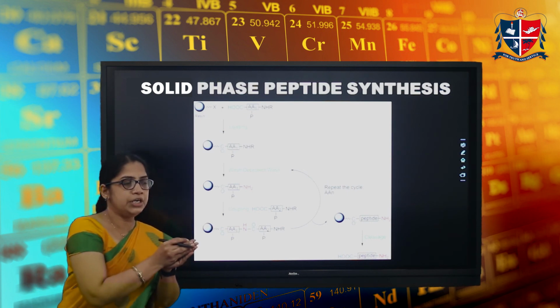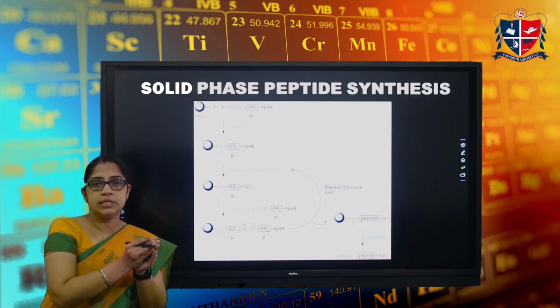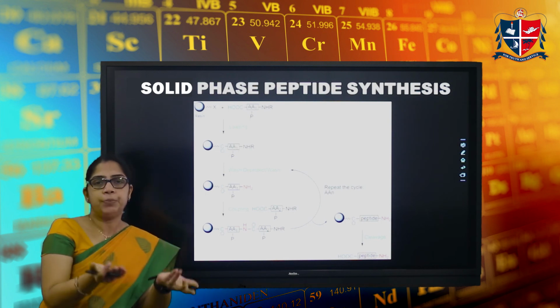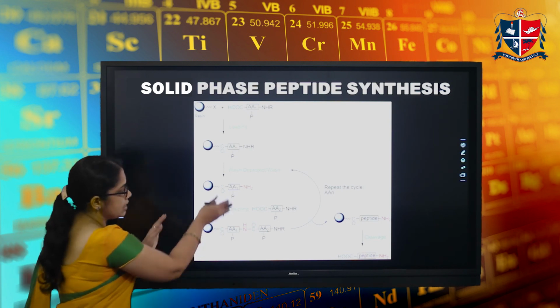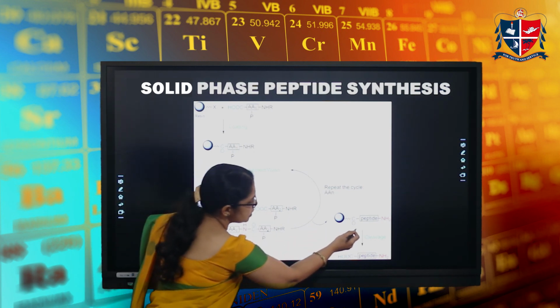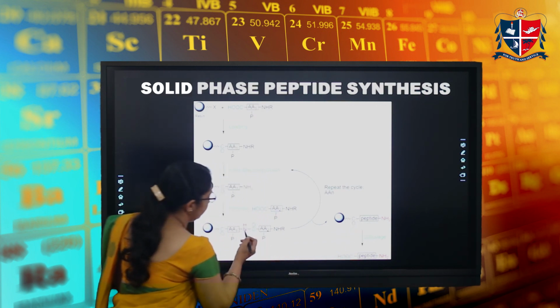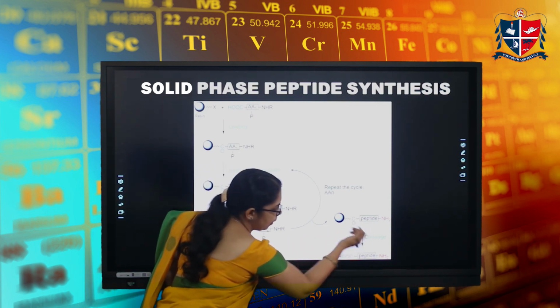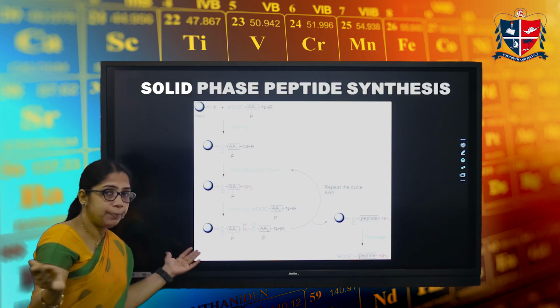After each coupling, wash, deprotect and condense with the next amino acid, and repeat. In the final stage, instead of amino acid, it is shown as peptide: you get a long chain of amino acids.